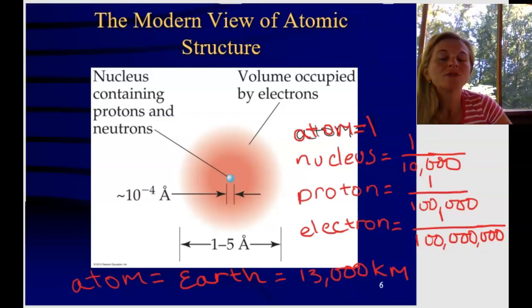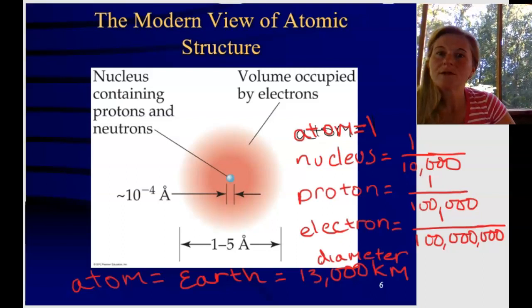So I want you to pretend that an atom has a diameter of 13,000 kilometers, and I want you to figure out what would be analogous on Earth to a proton and to an electron.